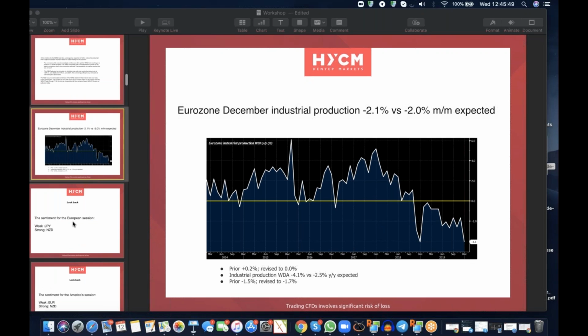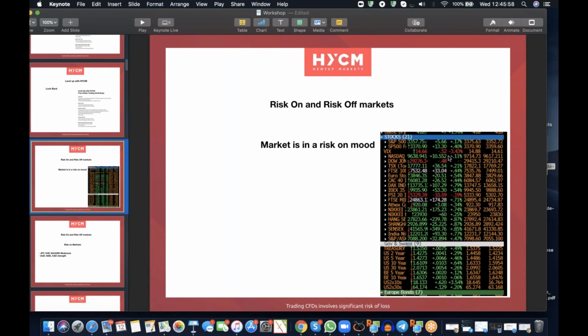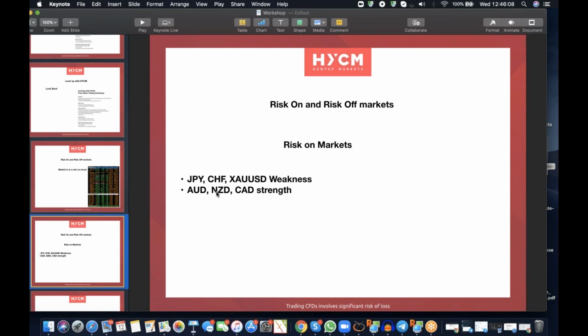So let's go back to Sammy's point about how the pair has already moved. So looking at the European session, we saw, didn't we, that the Asian equity market was higher. So we knew we're in a risk-on market, yields are up, all the equity markets are up. So we're expecting a commodity currency to be strong.